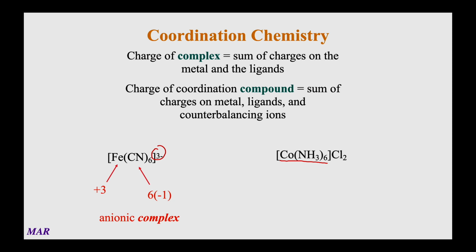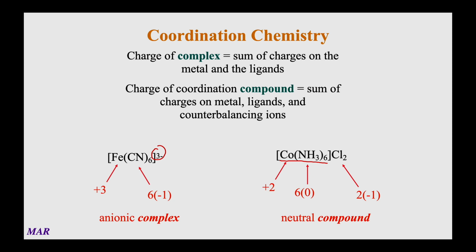Now, NH3 is ammonia, and ammonia is a neutral ligand, so ammonia has no charge. But the cobalt there is being balanced on the outside by 2 chlorides. And since Chem 221, chloride has always been -1, and there are 2 of them, so that must be a cobalt +2 center. So in this neutral compound, the +2 cobalt is being balanced by 2 -1 chlorides.